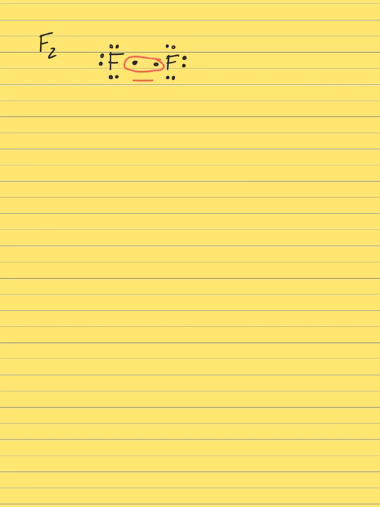The Lewis structure then for the molecule would be this, where we replace those 2 single dots with a dash that represents that 2 electrons, 1 single dash, are being shared between the 2 fluorine atoms.